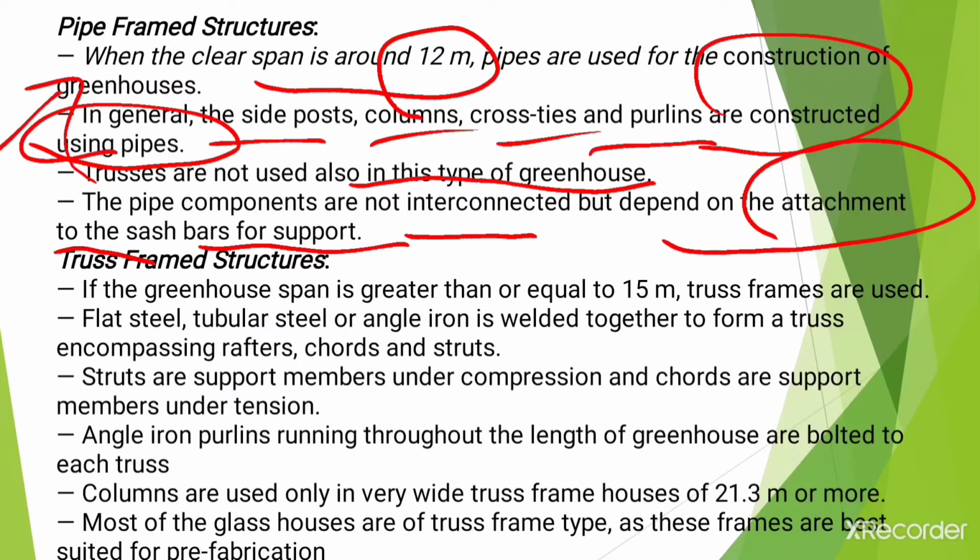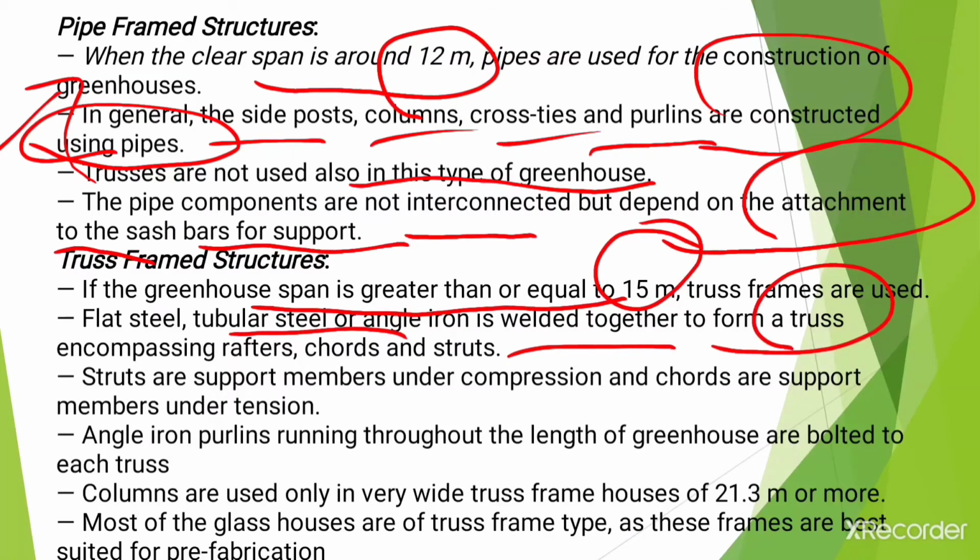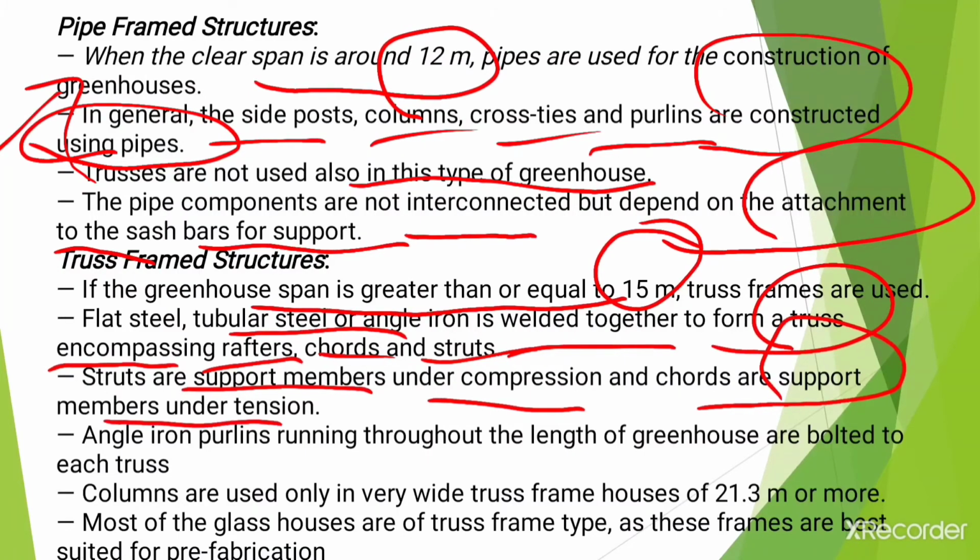Now truss frame structures: if the greenhouse span is greater than or equal to 15 meters, then truss frames are used, and these are made up of flat steel, tubular steel or iron angle welded together to form a truss encompassing the rafters, chords, struts, etc. The struts are the support members under compression, and chords are the support members under tension.